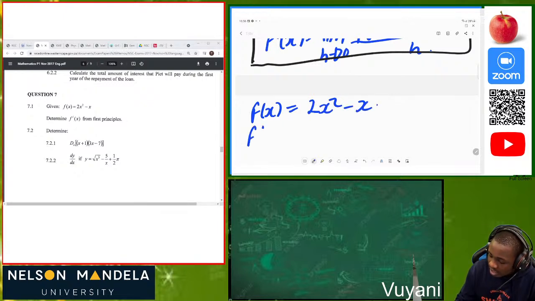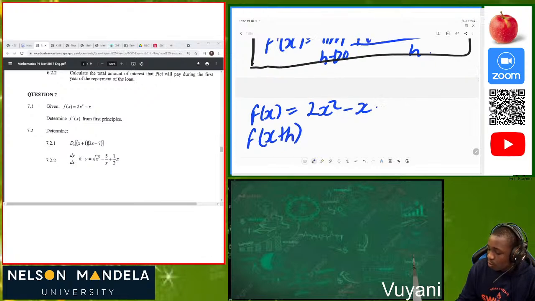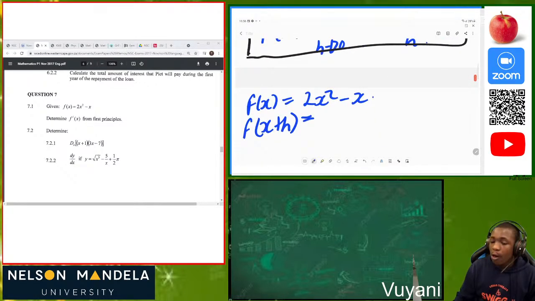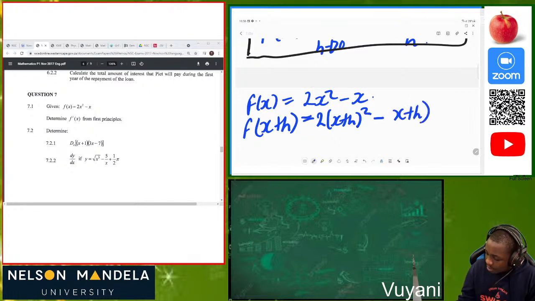Now we have to calculate f of x plus h. In other words, wherever you see x, we have to substitute x plus h. So we're going to have 2, then where there's x, we substitute x plus h all squared, minus where there is x, we put x plus h.